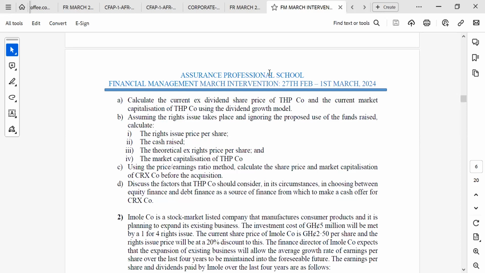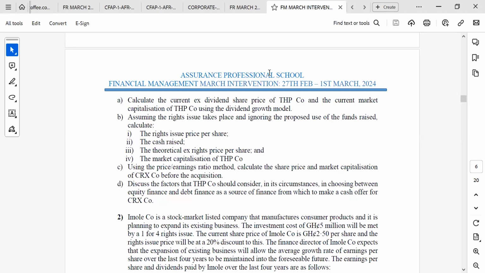All right, let's look at question 2. Imole Company is a stock market listed company that manufactures consumer products, and it is planning to expand its existing business.